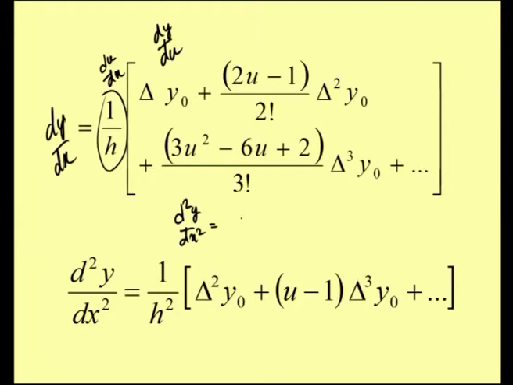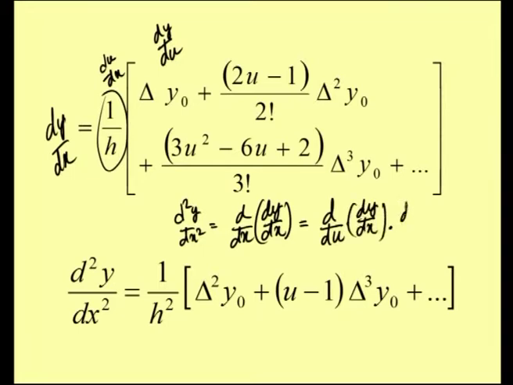Okay. Similarly, d square y by dx square is found out as this is actually dy by dx. Now, again dy by dx is in terms of u, therefore, that also has to be written as d by du of dy by dx into du by dx. Already 1 by h is there, and again by du by dx you will get one more 1 by h. So, 1 by h into 1 by h is 1 by h square.